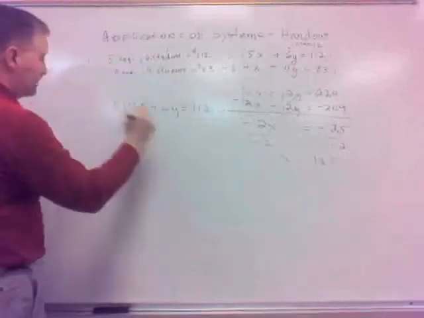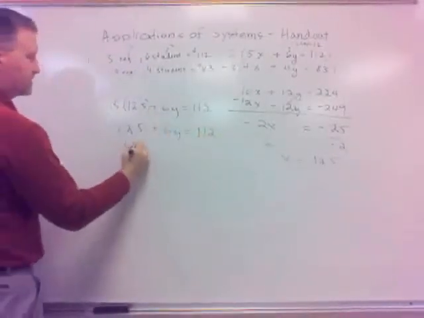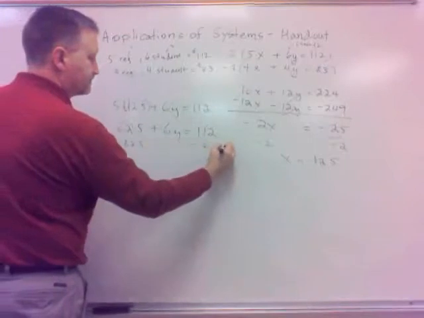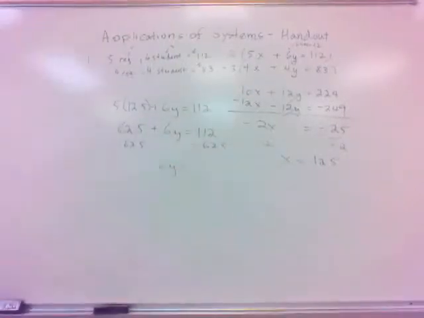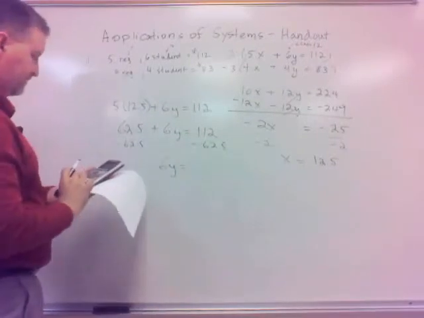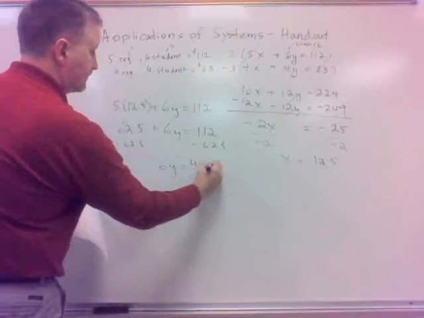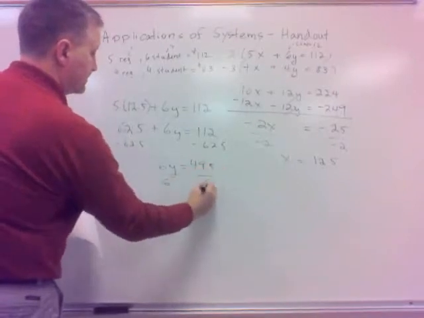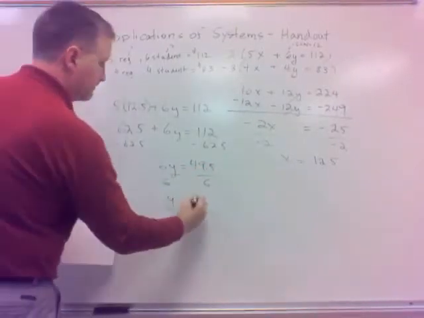All right, and then plus 6y equals 112. Subtract off our 62.5, and I'm seeing 6y equals 112 minus 62.5, 49.5. Divide by 6, and we've got y equals 8.25.